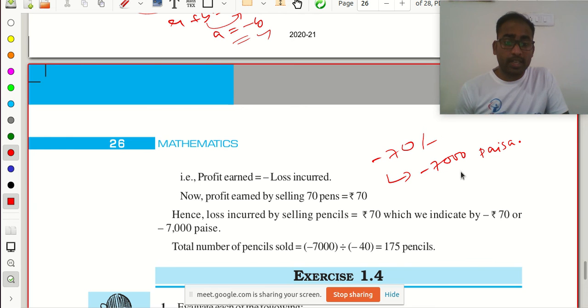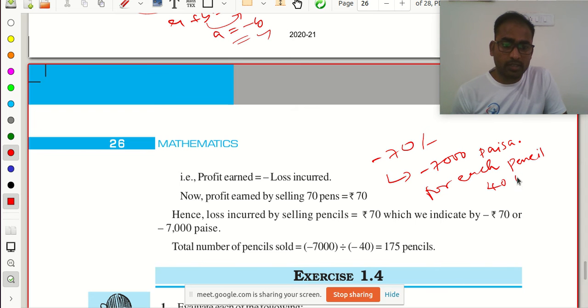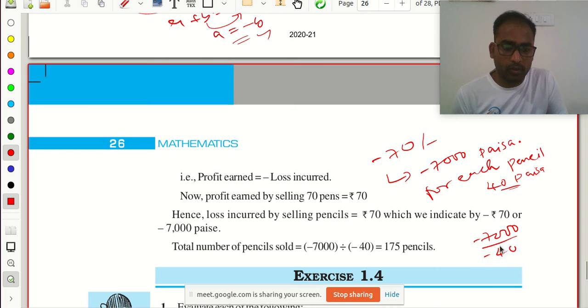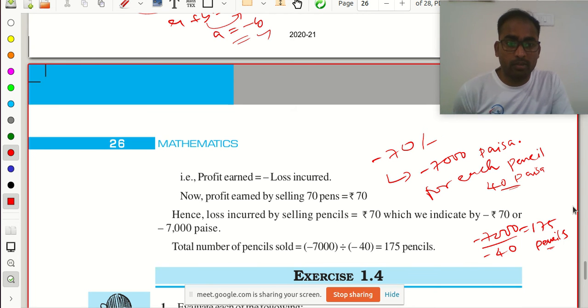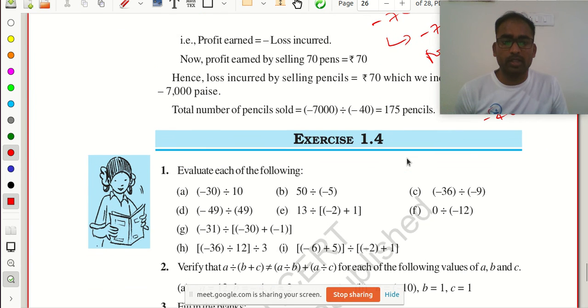And for each pencil, 40 paisa is the loss. Then the number of pencils we need to find: minus 7000 by minus 40. So 175 pencils she sold. Then her 70 rupees profit will go as a 70 rupees loss, so there is no profit and no loss in that particular month.